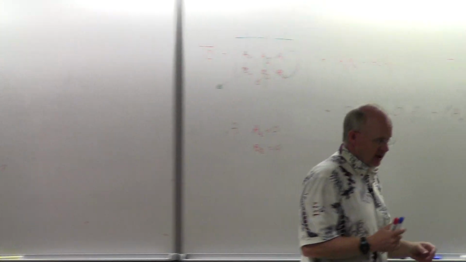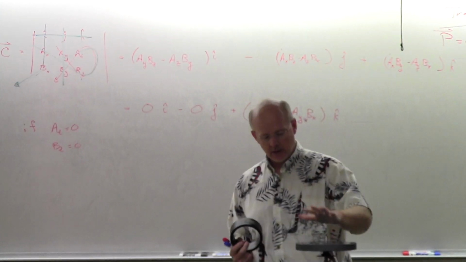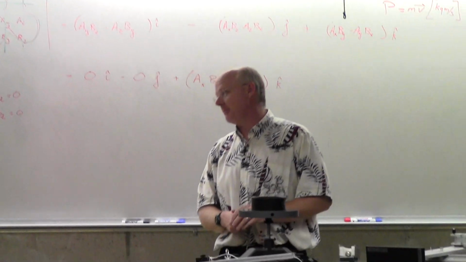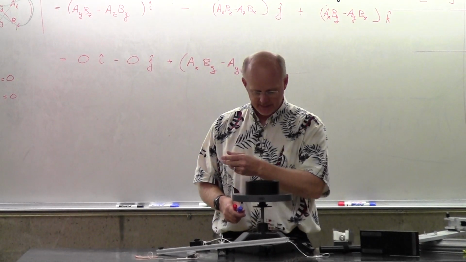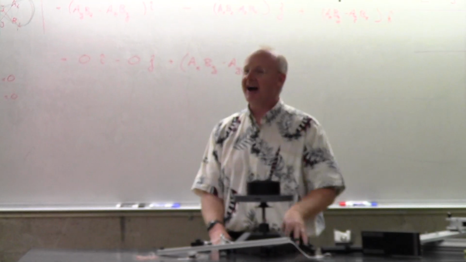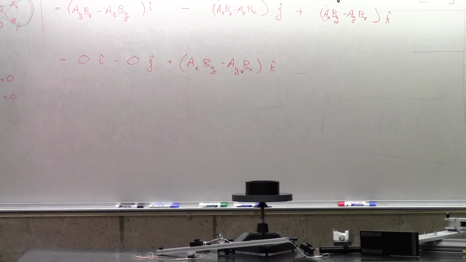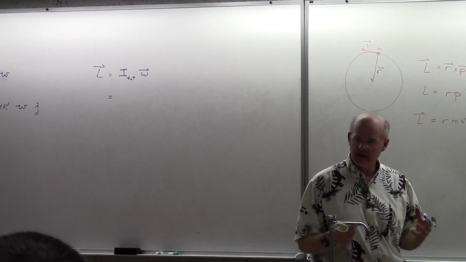Now let me give you another calculation here. What if I have not just this disk, but I have this ring placed on top of it? And the two are rotating. How do I get the angular momentum of that one? Don't I just add the two inertias together to get the total inertia now of the system?